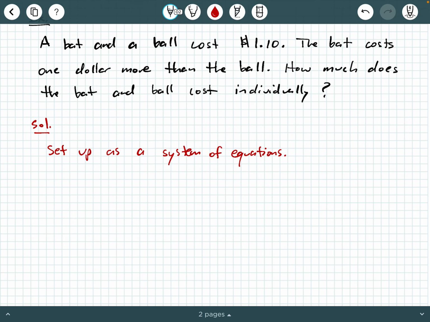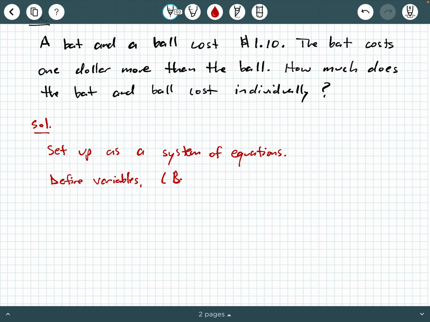Let's define some variables. Okay, we're going to say define variables. And again, for word problems, they're a math problem, but they have a story with it. So you have to define what your variables are very explicitly, okay?